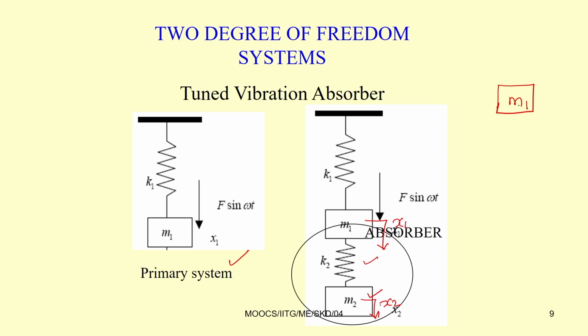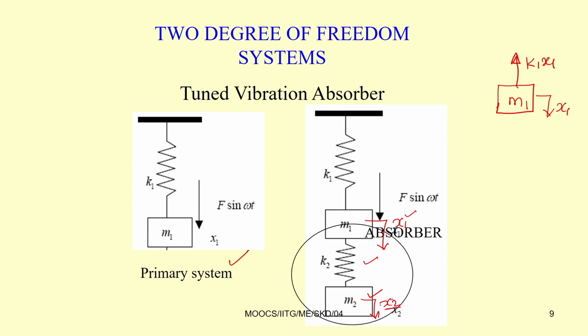So, for example, in this case for mass m1, let us give a displacement x1 downward. The spring will be stressed and it will exert a force in the upward direction, that force equal to K1 x1. The spring K2 is compressed as the mass moves downward by x1, and also due to the displacement x2 of mass m2.